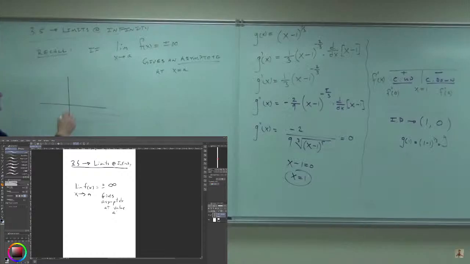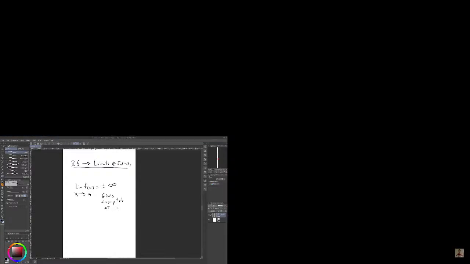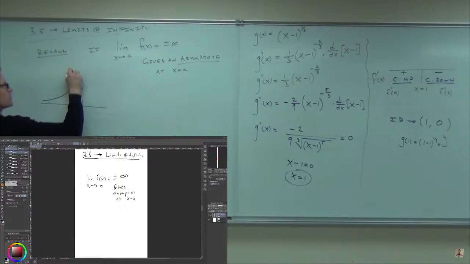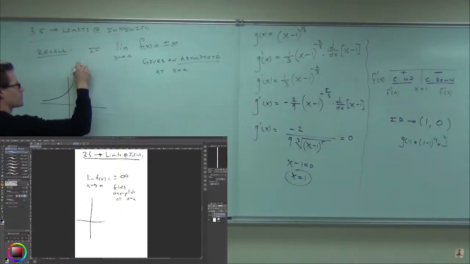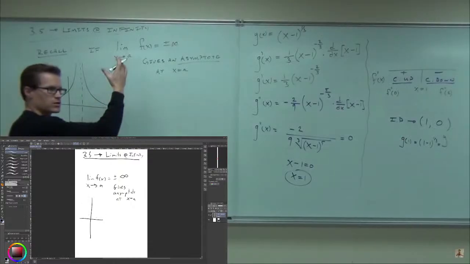And we had two cases, really. We had this case, where we went to the same infinity, positive infinity on both sides, and said the limit existed.